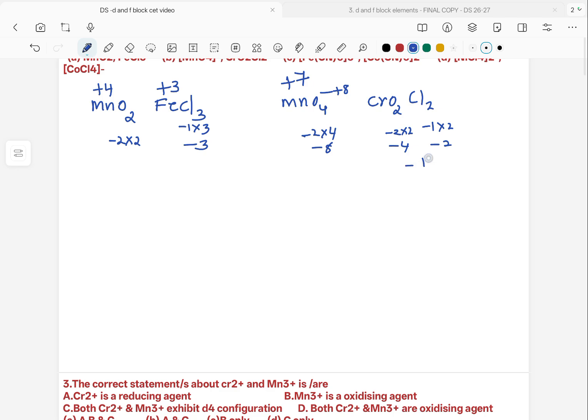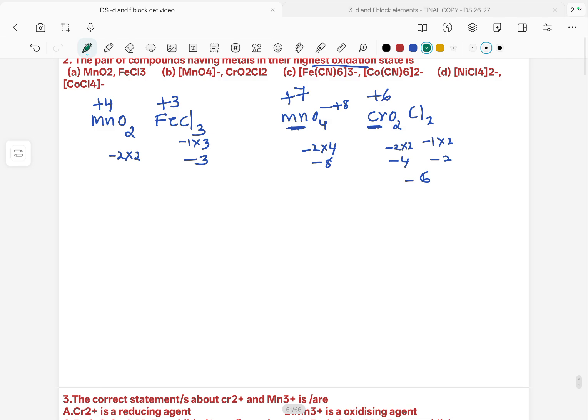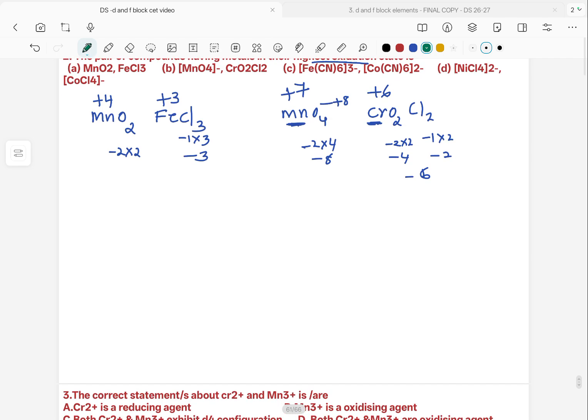So it is -6. Chromium will carry the +6 state. You can see here manganese in the highest oxidized state and chromium in the highest oxidized state, because the valence electrons of chromium is 6 and manganese is 7. So this should be the option for our question. B option should be the right answer.